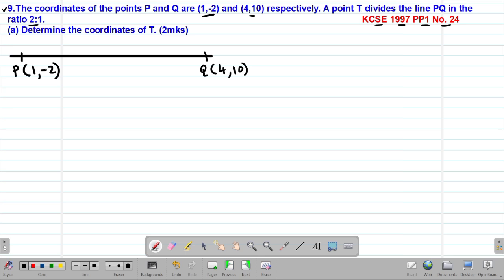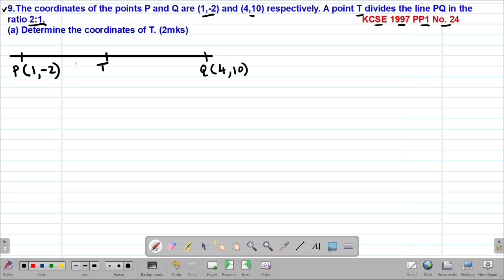Remember, a positive ratio usually denotes internal division of the line. Therefore, if it is internal division, then the point T must be in between the points P and Q. Remember, if it was external division, then the dividing point will be outside that particular line. So T divides the line PQ in the ratio of 2:1.